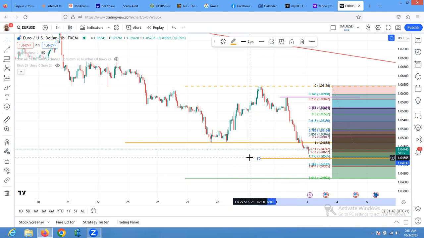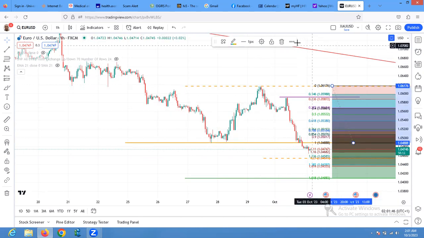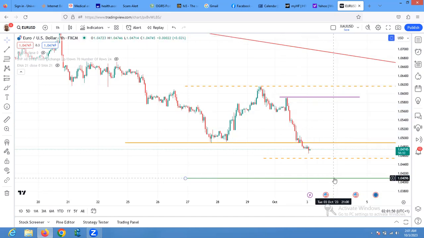And if I were you, you can take a small risk at 1.04, 100, maybe about 2 pips above it. Take a small risk and see if we get a reaction here, and we're going to buy from there.